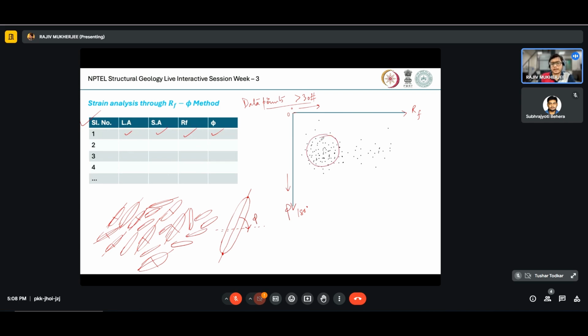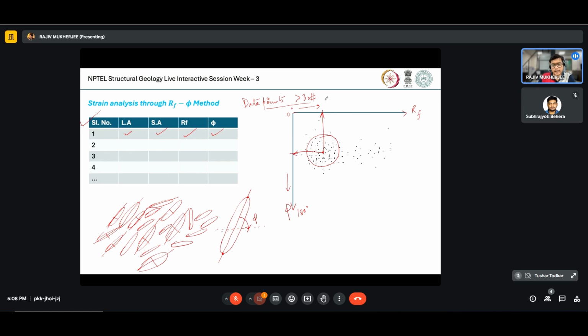So we have to identify this cluster. Then we take the midpoint of this cluster and extrapolate these values vertically and horizontally to the x and y axes respectively. So this will create an intercept here and here as well.